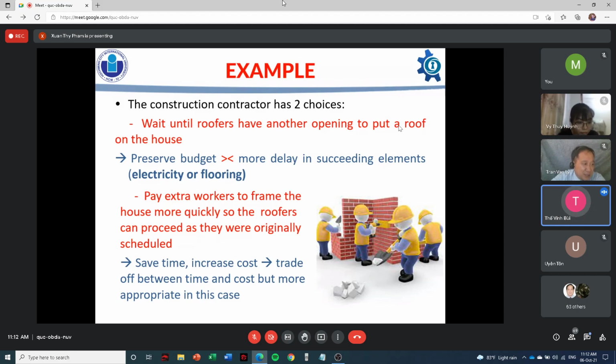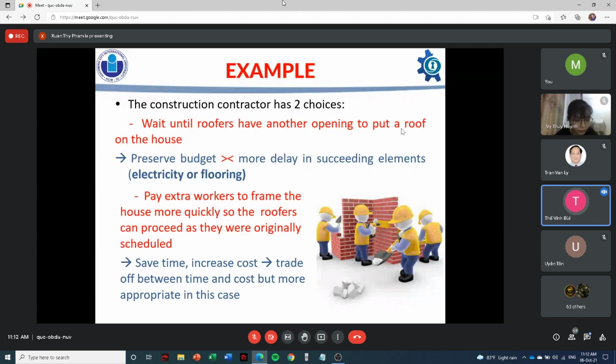Unfortunately, the roofers are only available during the scheduled days, so the contractor has a choice. They can either pay extra workers to frame the house more quickly, so the roofers can proceed as originally scheduled, or wait until they have another opening to put a roof on the house.